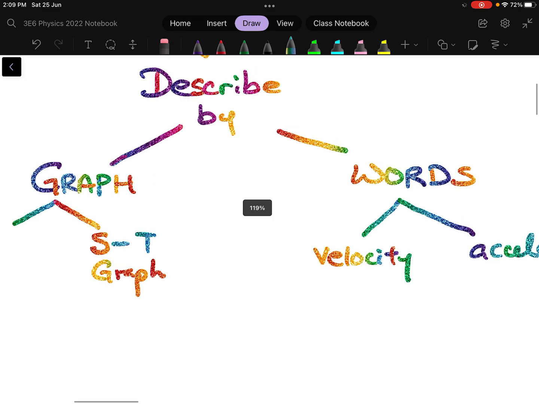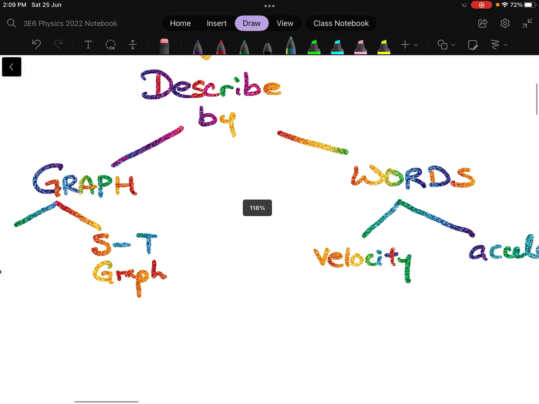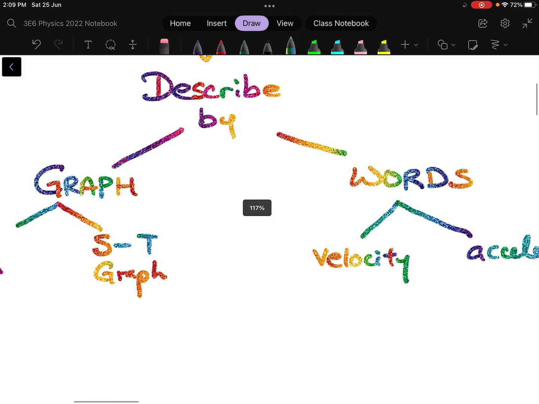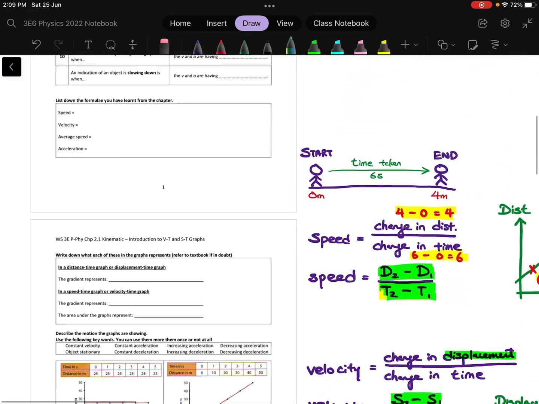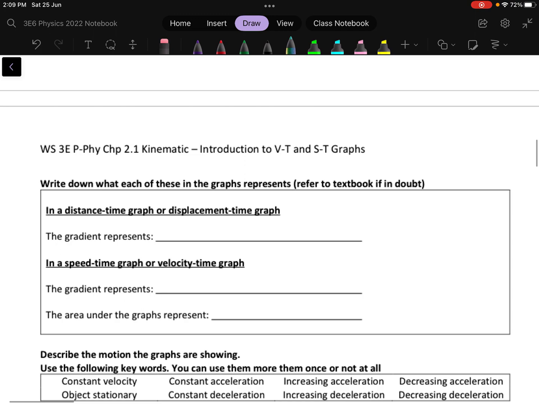To find the velocity of an object, I just need to take the gradient of the displacement time graph. So this is the first new content that we learned, that in a distance time graph, the gradient will give me the speed, because this is a distance time graph.